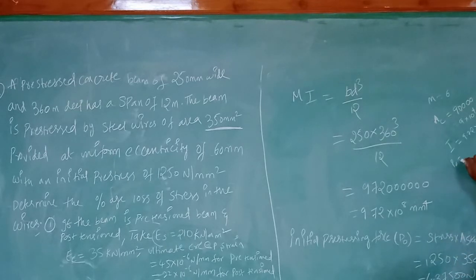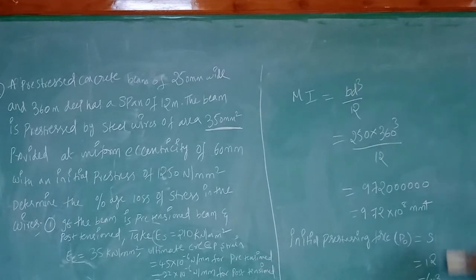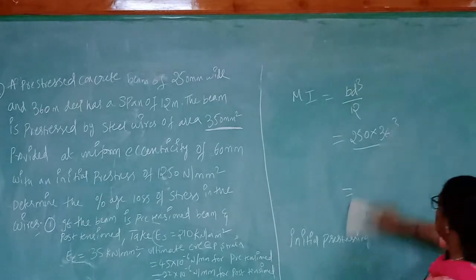P naught is 437,500 Newton. By using all these values, next we will find out the stress in concrete.